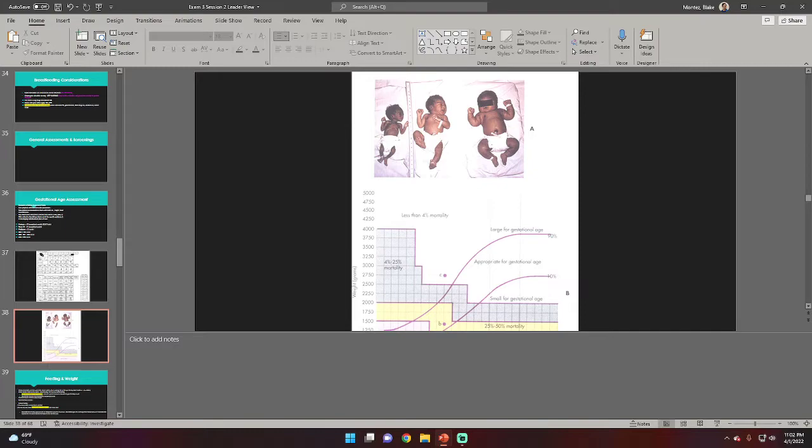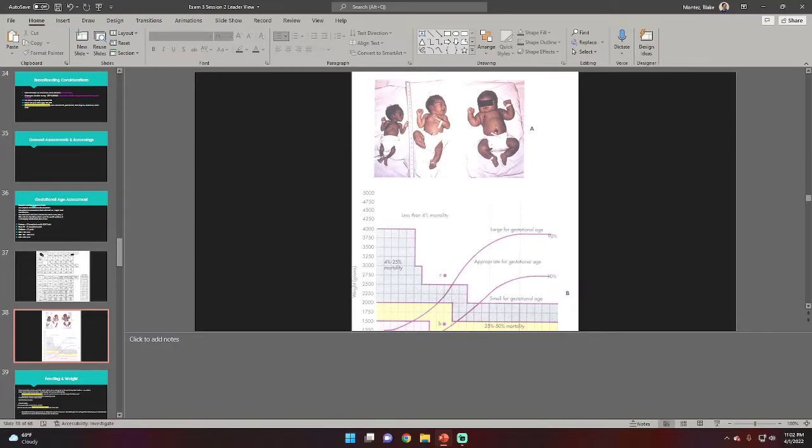An overall rating of below the 10th percentile indicates the infant is small for gestational age. If it's between 10 and 90, they are appropriate for their age. And if the infant is above the 90th percentile, then they are deemed large for gestational age.